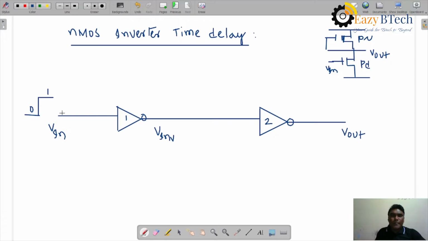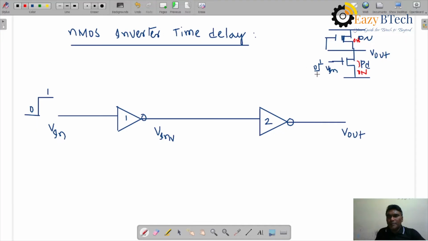If you are applying logic 1 here, what happens? In the inverter, the depletion mode transistor is always on. The enhancement mode transistor will be on when 1 is applied, right?